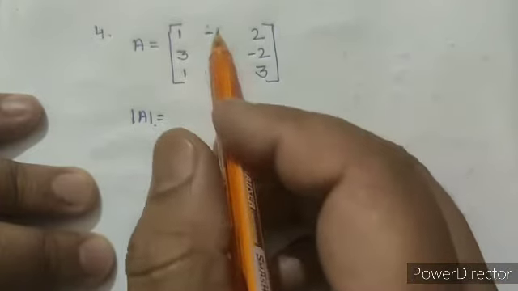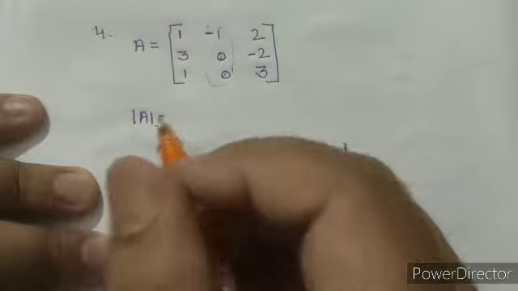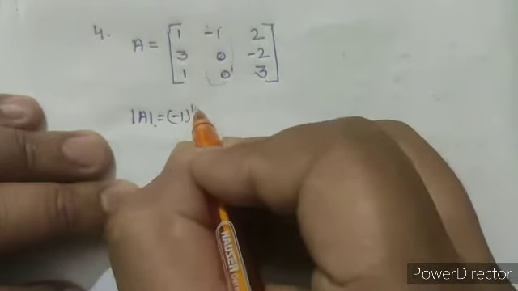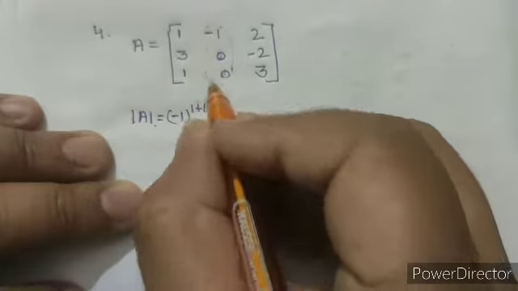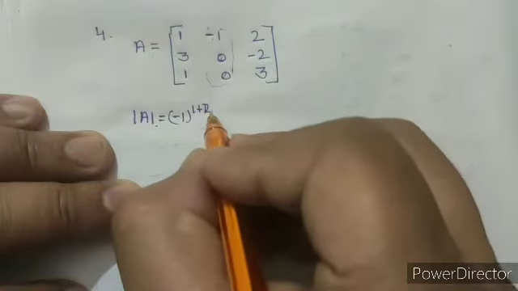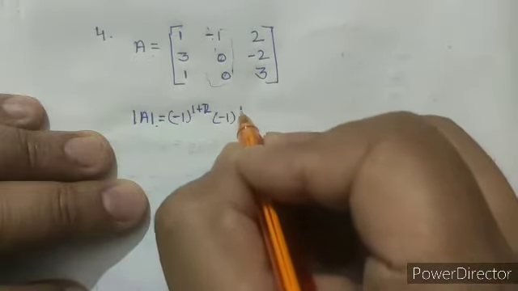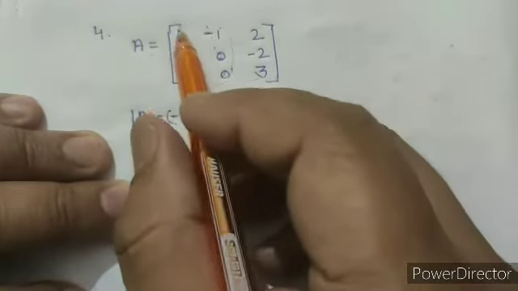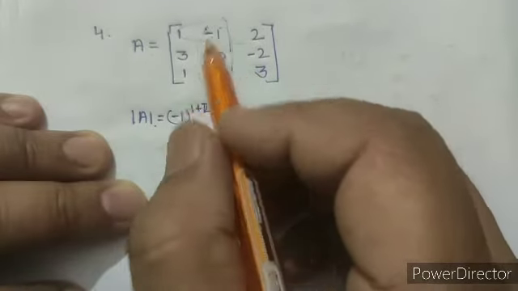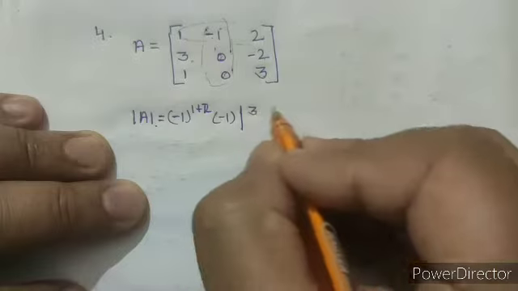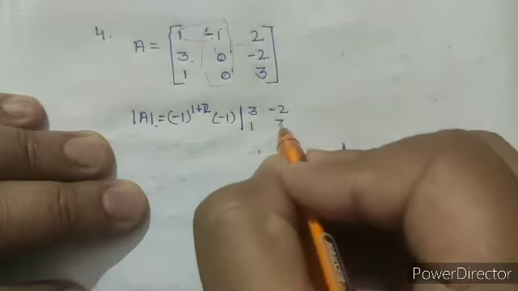So it will be easier to expand the second column, and that will give us minus 1 raised to power 1 plus 2 for minus 1 into the determinant of, on eliminating the row and column of minus 1, we will get 3 minus 2 1 3.